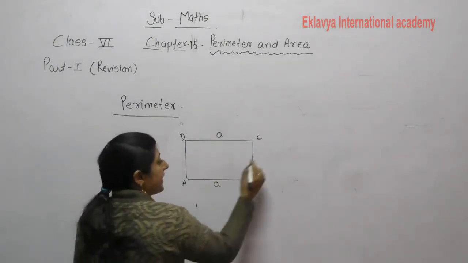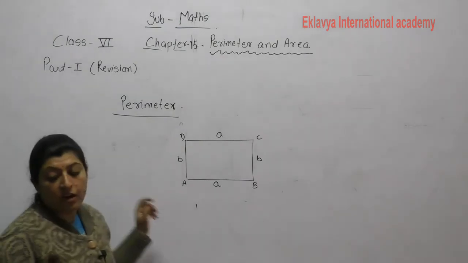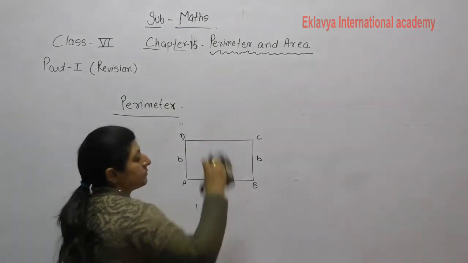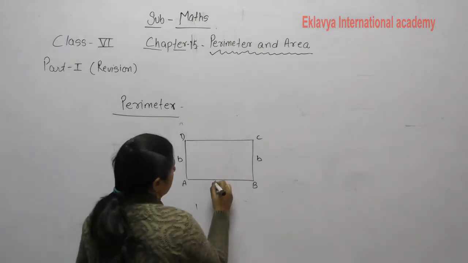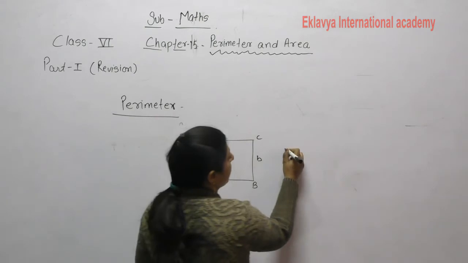If this one is A, then this one also A, this one B, then this one B. Or this one you can denote by the length also. Then what is the perimeter of the rectangle?